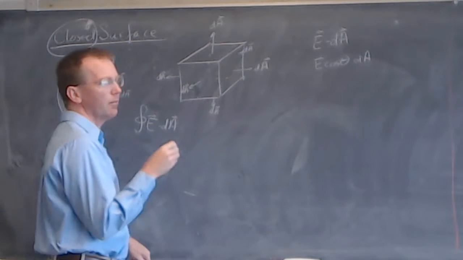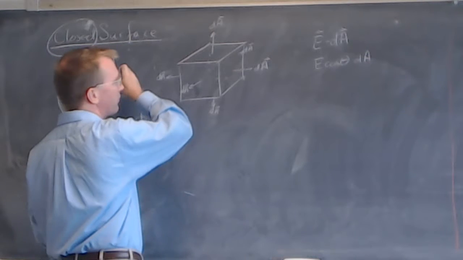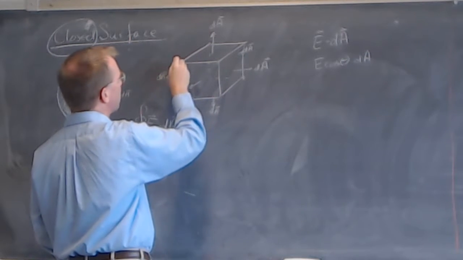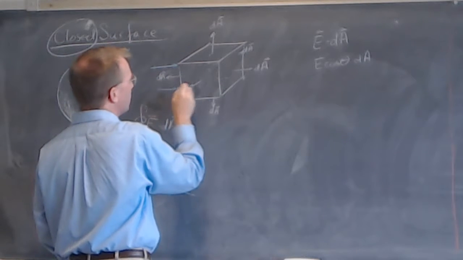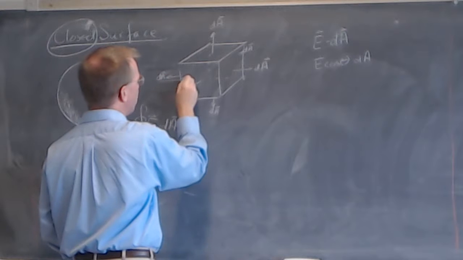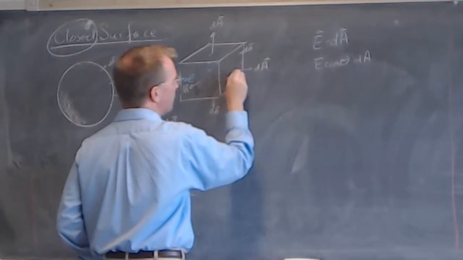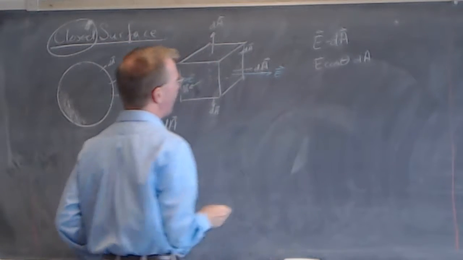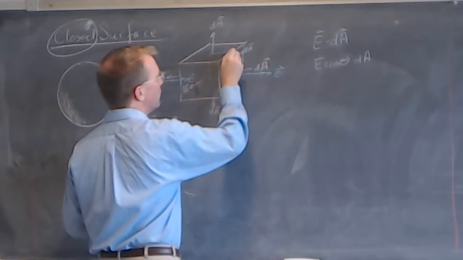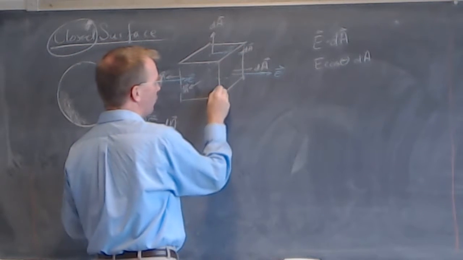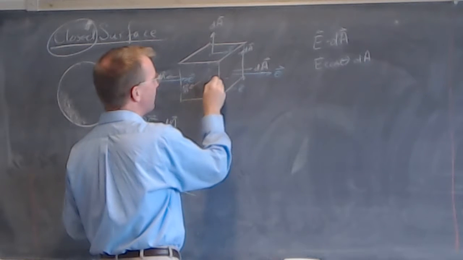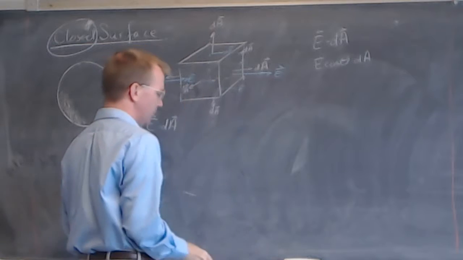Let's take a uniform electric field going through this rectangular box here, this cubic box. So I'll just draw a single one here. There's E coming in, and here's E coming back out, and of course it grazes along the top here, and it grazes along the bottom there, and it grazes along each of these sides, and that side as well.